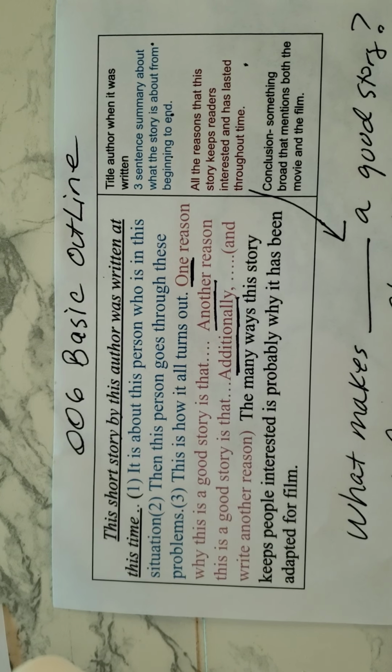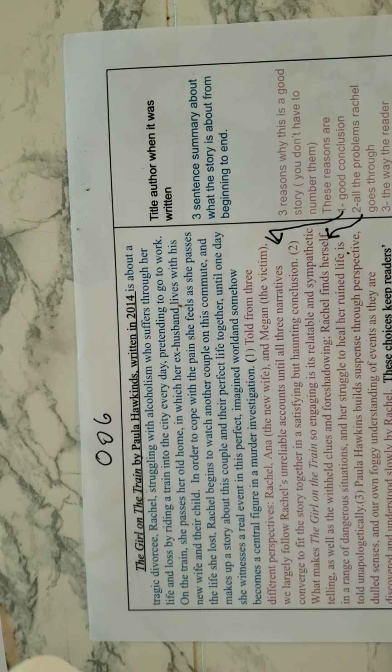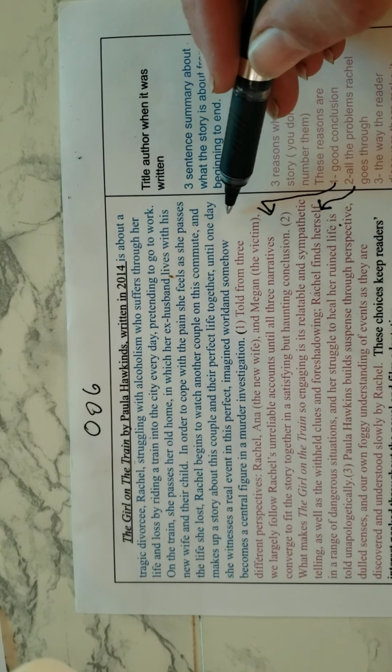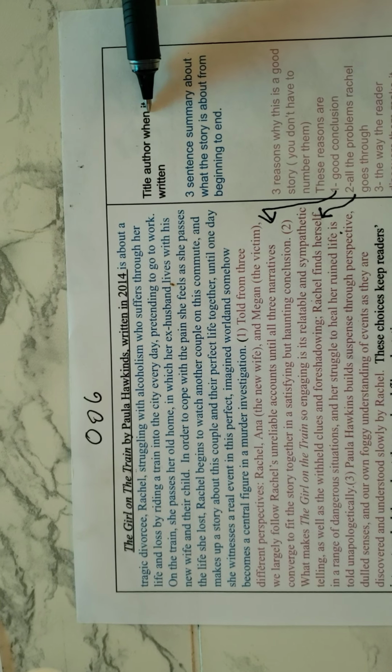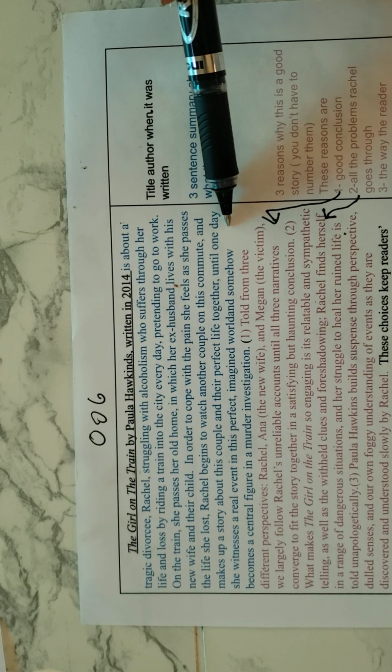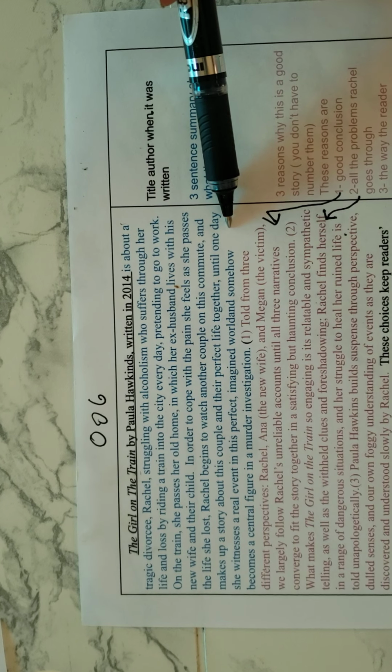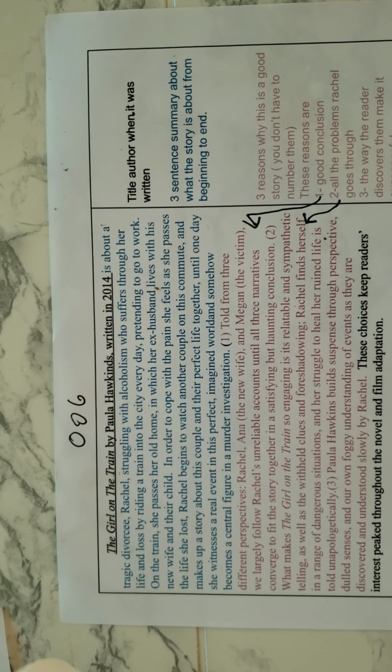Now, you can also look at this sample of 006. Okay? So, this is longer, right? But it has the title and author, when it was written. Then there is a 3-sentence summary. As you can hear my dog, I'm not going to stop though, okay?